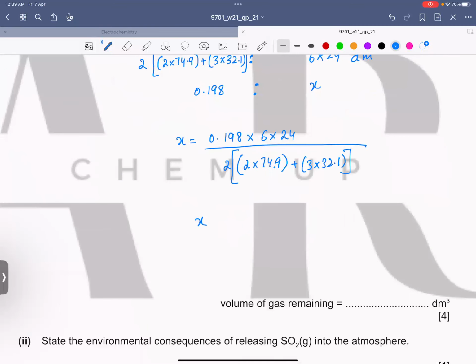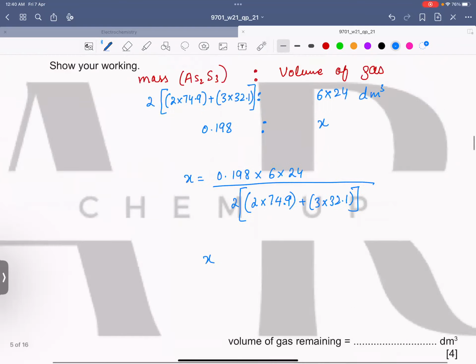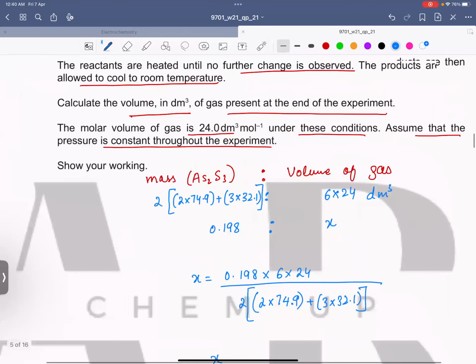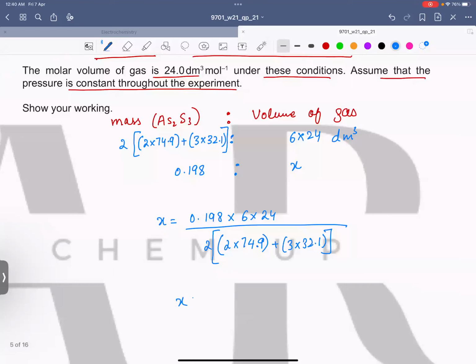What is the value of X? I'm going to get the volume directly. Can anybody solve and tell me the correct answer? 0.072. Are you sure it's 0.072?